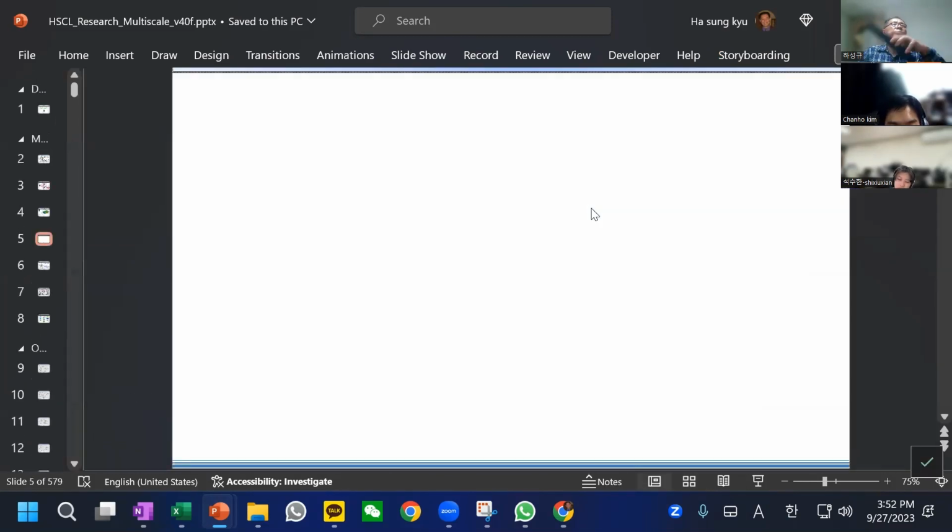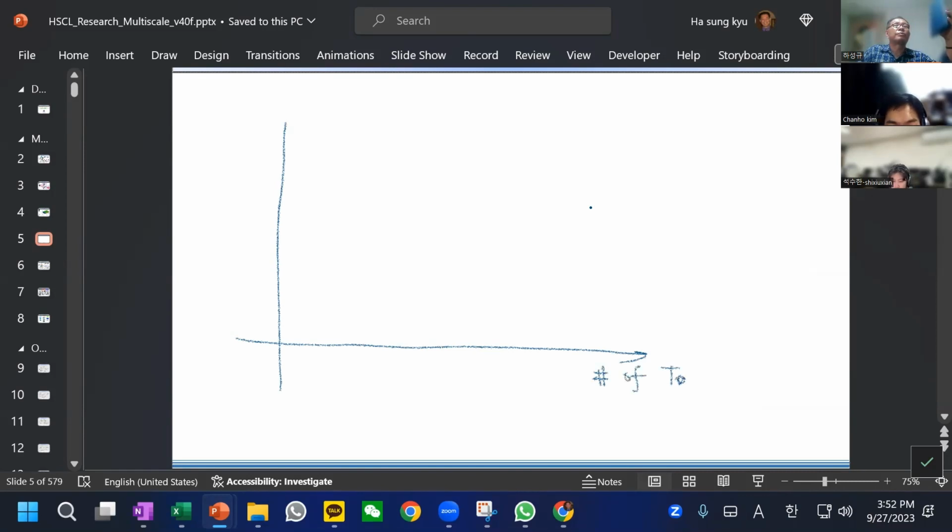So this is the number of toe, and this is the dollar per kilo. Okay, please pay attention. This is the dollar per kilo, and low. This is the 1K or 10K or 25K or 50K.